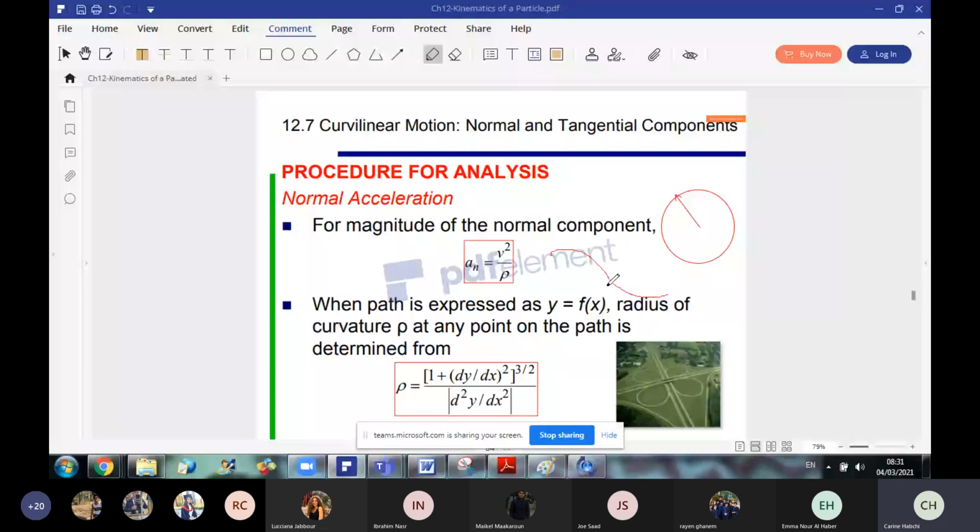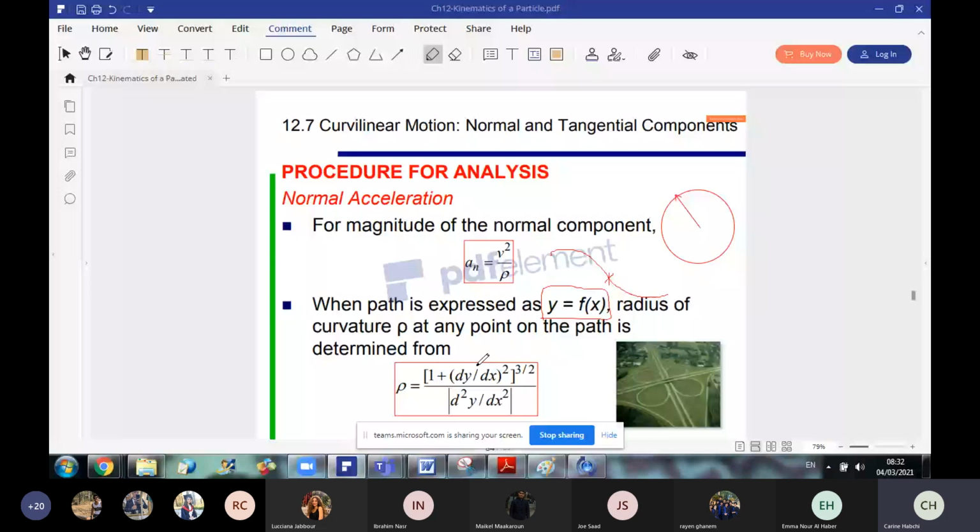So if they give me the equation of the curve in a frame, y as a function of x, I can calculate for any position x what is the radius of curvature by using the following formula. This formula relates the radius of curvature to the first and second derivatives of y with respect to x at any point.